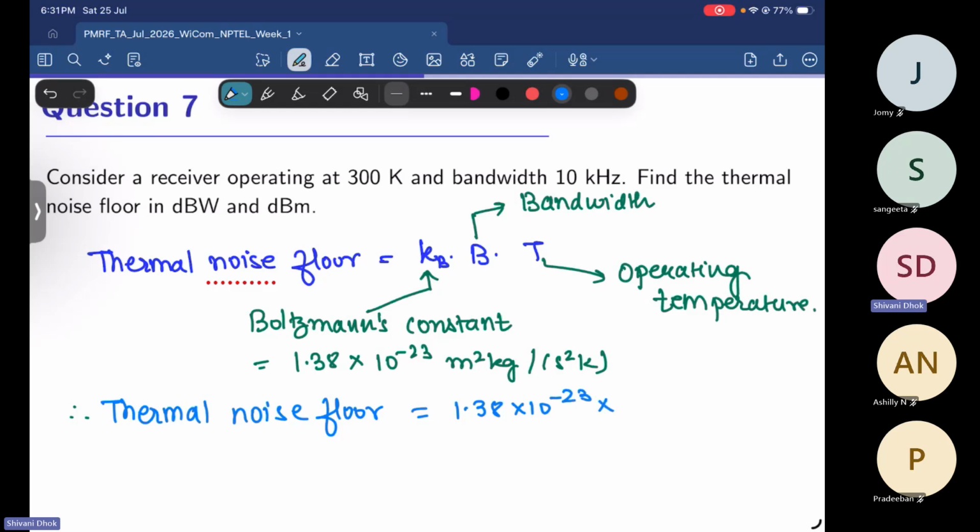Bandwidth is given to us as 10 kilohertz, that is 10 into 10 raised to 3, and your operating temperature is 300 Kelvin.